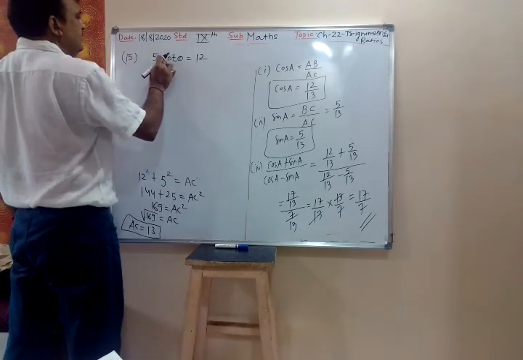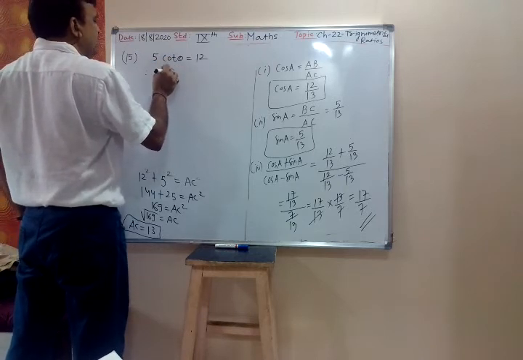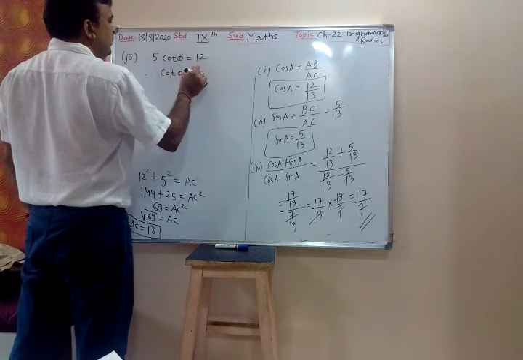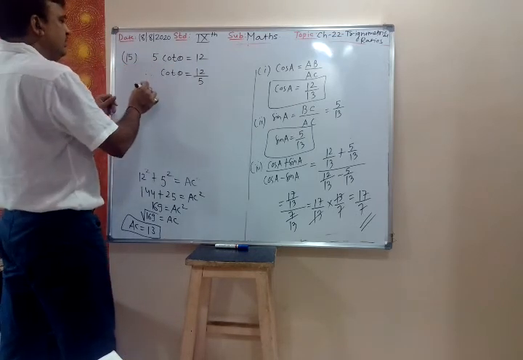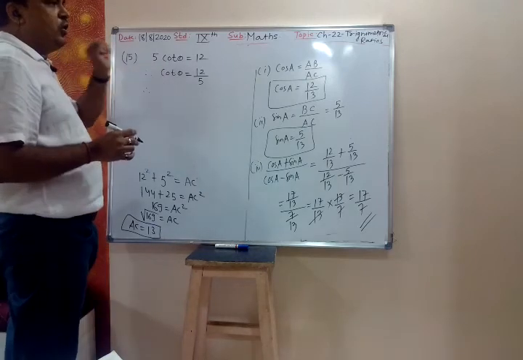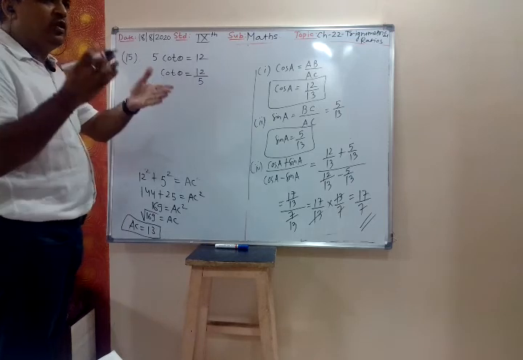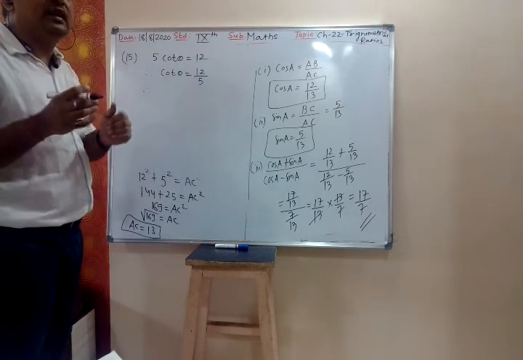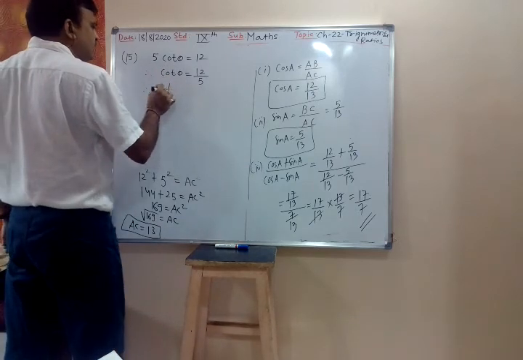So 5 cot theta is 12, so cot theta is equal to 12 upon 5. Yes, 5 will go in the denominator. Now what is cot theta? Reciprocal of tan theta. Cot theta is 1 upon tan theta.